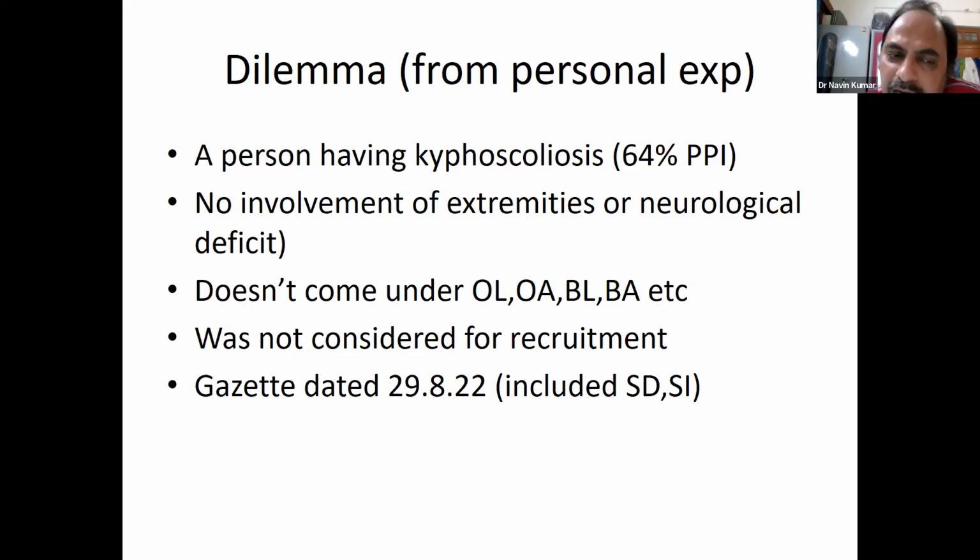But recently these guidelines have been changed, and the Gazette notification dated 29 August 2022 has included spinal injury as well as spinal deformity for all recruitment wherever one leg and one arm is there.